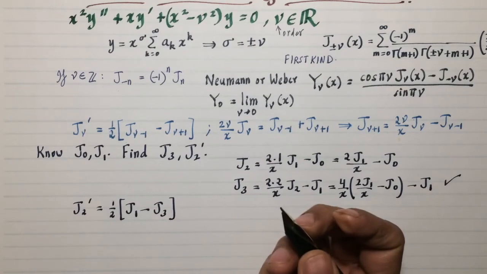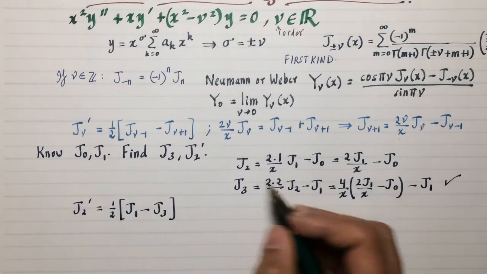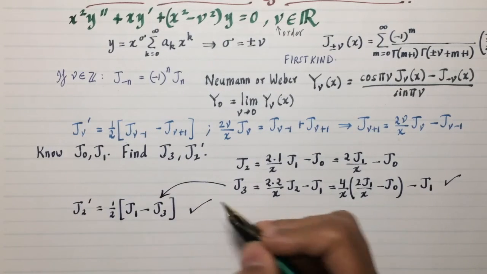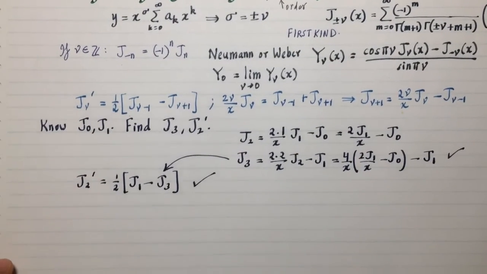Well, here again, you have a situation where J1 is given to you, but J3 I just found. So you can put the J3 there, and so that's also known. In this manner, you can really express Bessel functions of the higher order with Bessel functions of the lower order and also their derivatives.